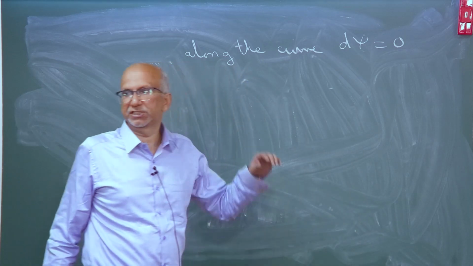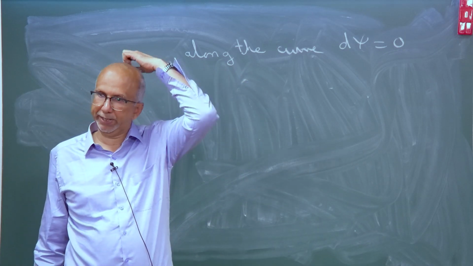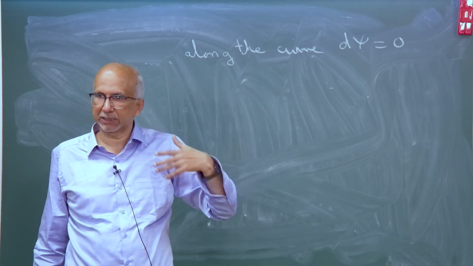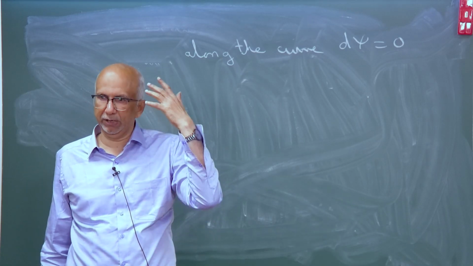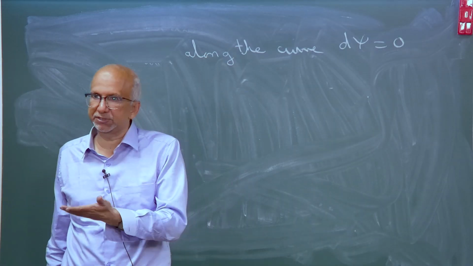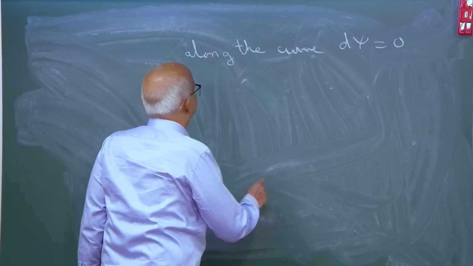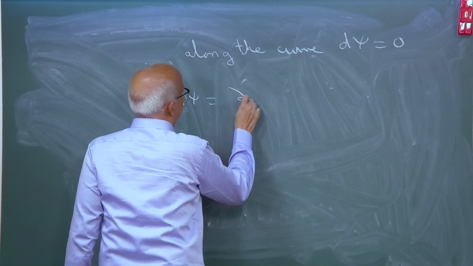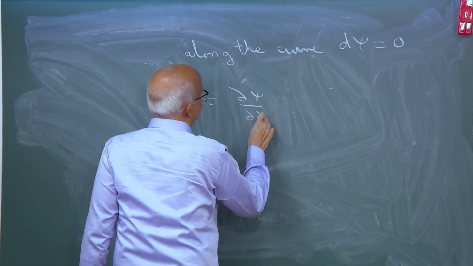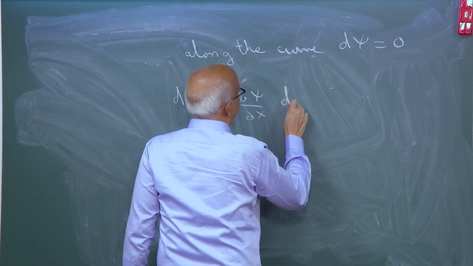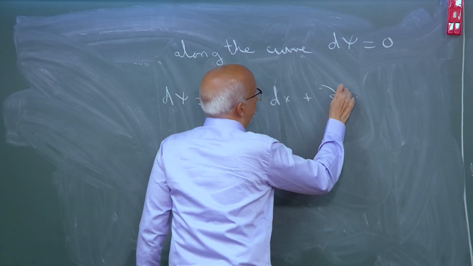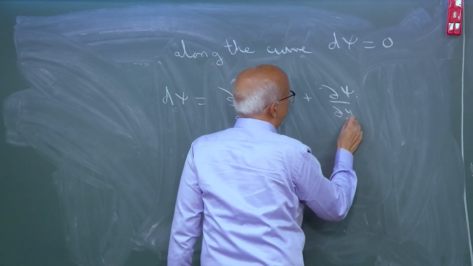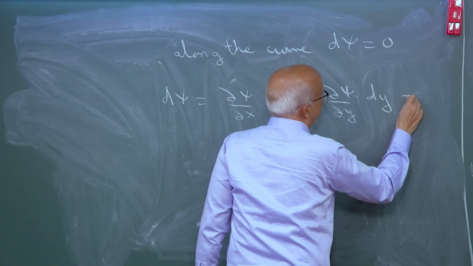There is no change in psi, because that is how I have defined my stream function. I am looking at a function which does not change along the streamline, and clearly d psi is nothing but d psi by dx times dx plus d psi by dy times dy. This must be equal to 0.